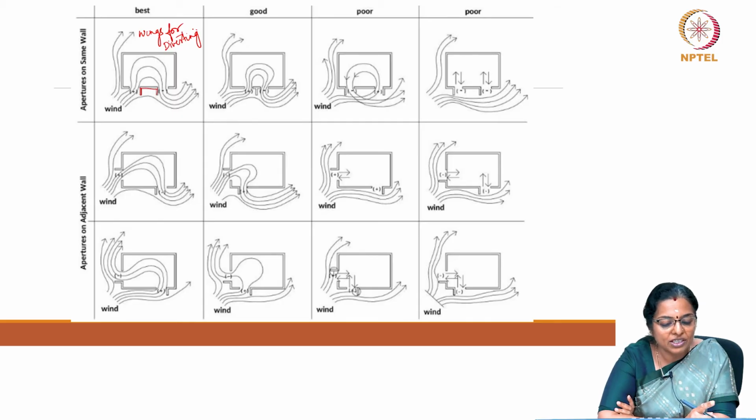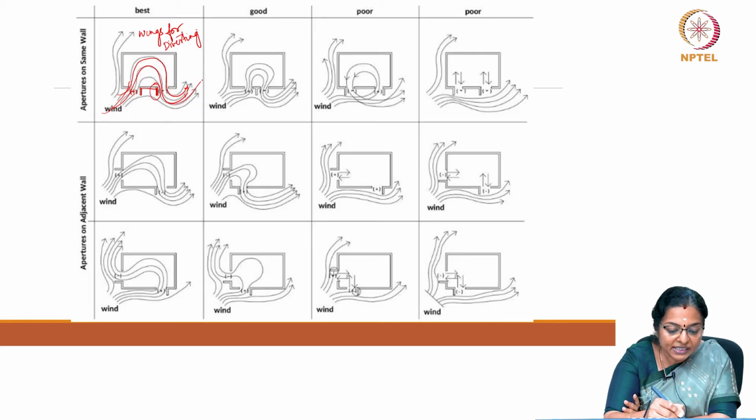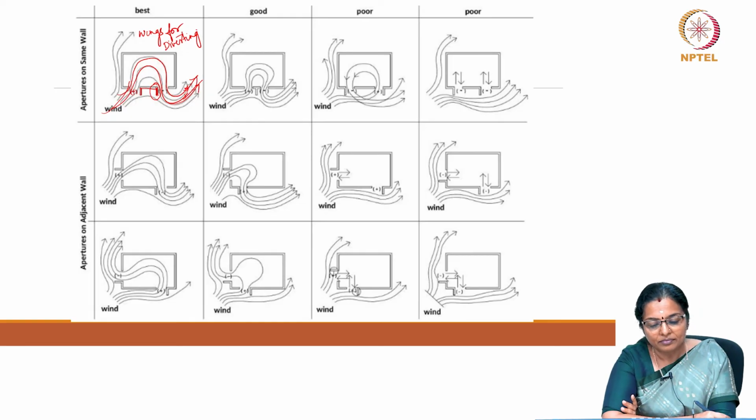If the aperture is only on the same wall, we must use wings for diverting, and that diverts the breeze, causing a positive pressure, and the breeze goes out through the other opening, and this wing helps in diverting the breeze to go in the other direction.